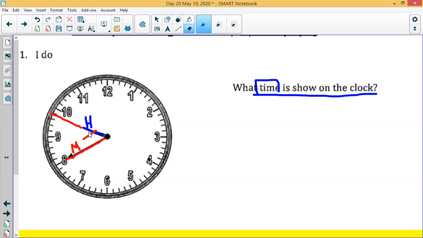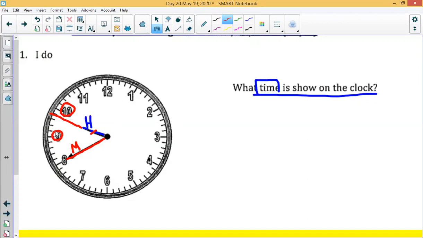All right. So we're on the first I do problem. And I ask you to label the hour hand, the short hand, and the minute hand, the long hand. That's what I've asked you to do. Notice with the hour hand, I extended it out because I was trying to point out to you that your hour hand is in between 9 and 10.